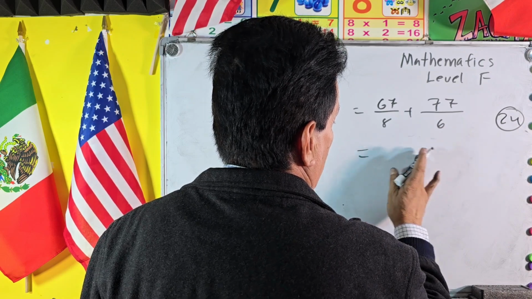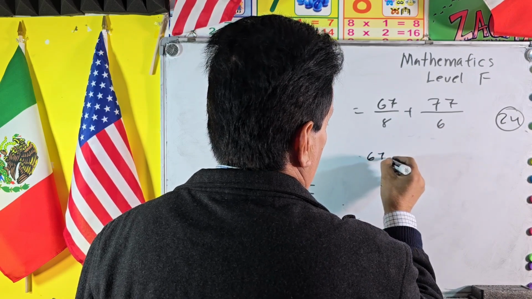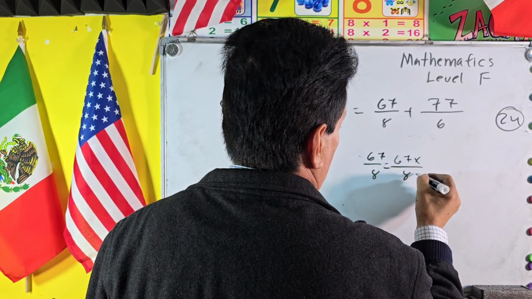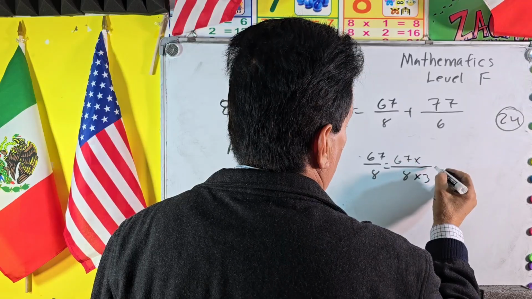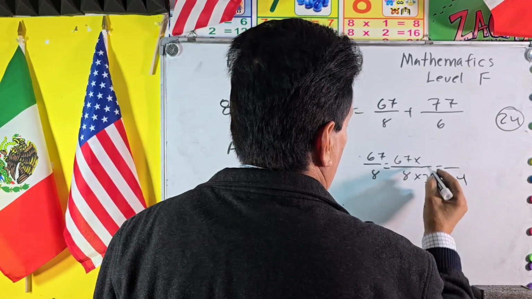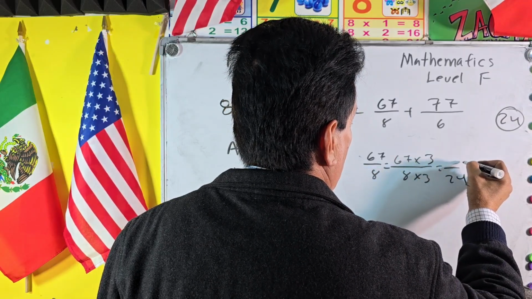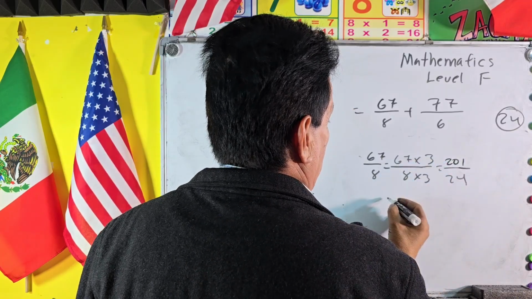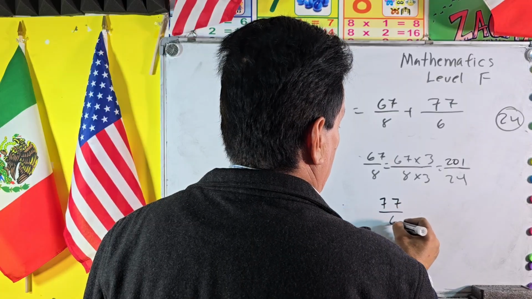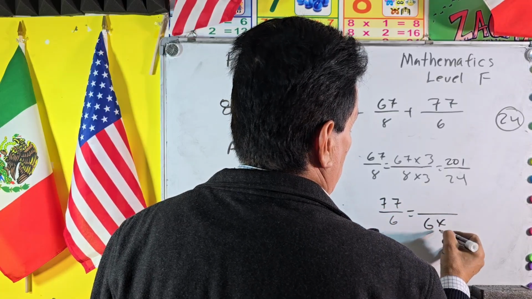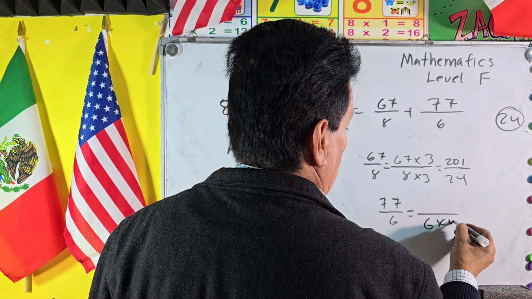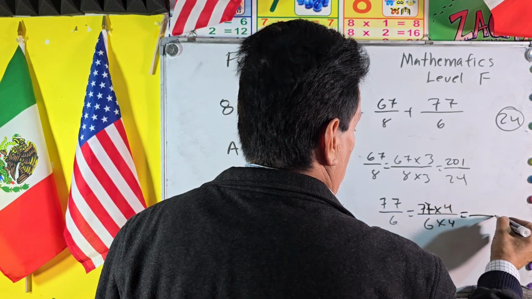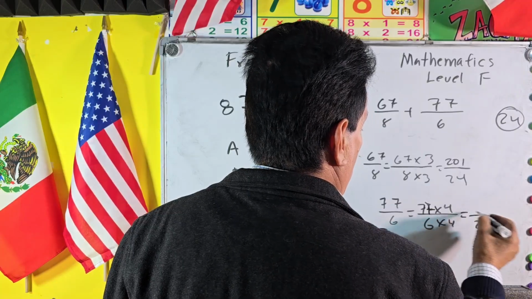So we have here, let me show you, 3/8 equals 3 times 3 over 8 times 3 equals 24. The next one, 5/6 equals 6 times which number is 24? 4. So 5 times 4 over 6 times 4 equals 24.